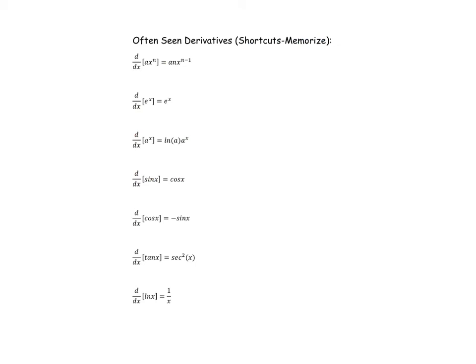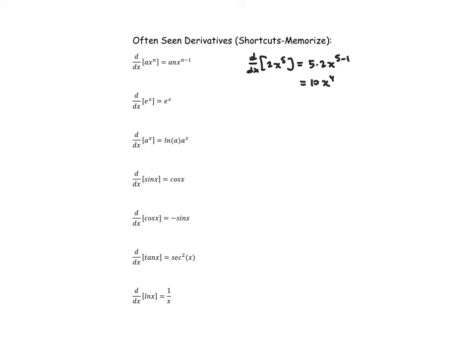All right, often seen shortcuts. Memorize these. So the derivative of ax to the n, where a is a real number and so is n, will be a n x to the n minus 1, just like this. The derivative, this is the notation for taking the derivative with respect to x, of 2x to the 5th would equal 5 times 2x to the 5 minus 1, which will be 10x to the 4th.